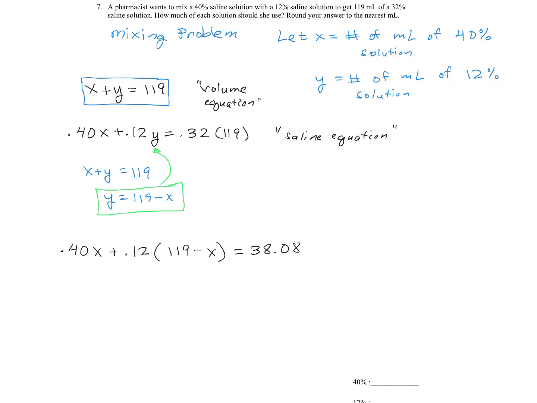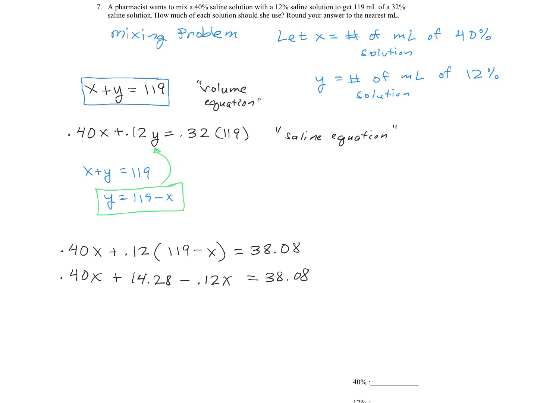All right, we can now distribute. So we get 0.40x plus the product of 0.12 and 119, which is 14.28, minus the 0.12x that we distribute, equals 38.08.